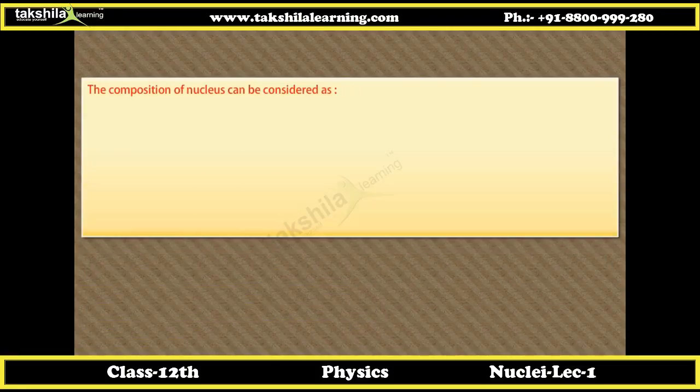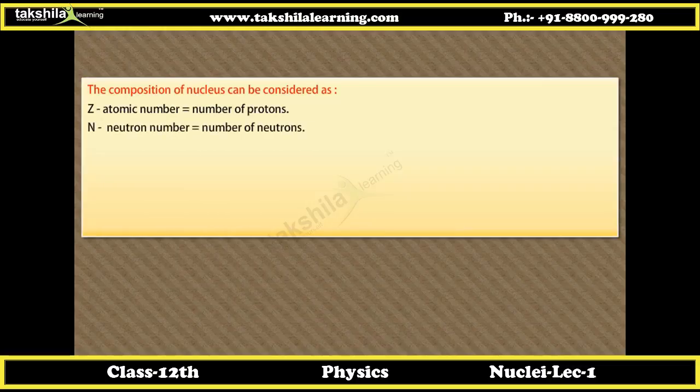The composition of nucleus can be considered as follows. Let Z be atomic number, which is equal to number of protons. Let N be neutron number, which is equal to number of neutrons. Let A be mass number, which is equal to Z plus N, which is equal to total number of protons and neutrons.